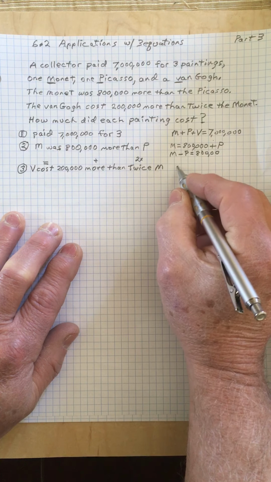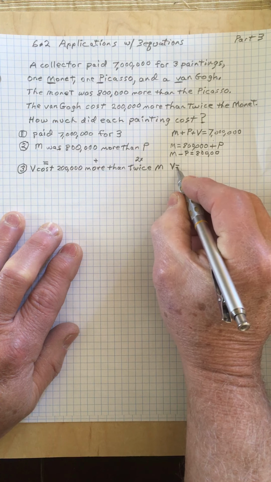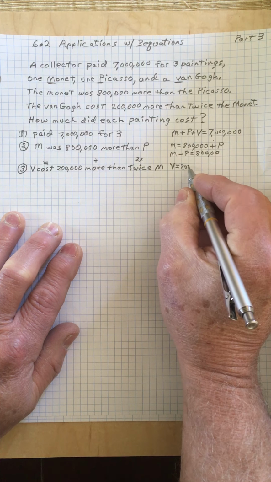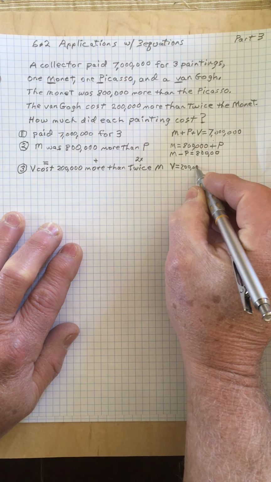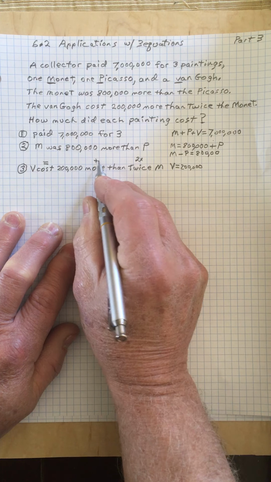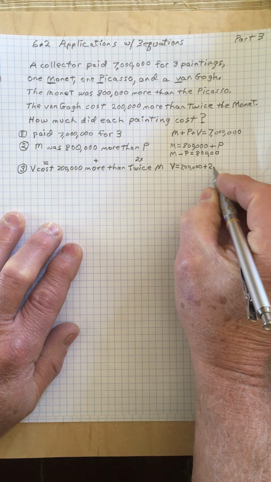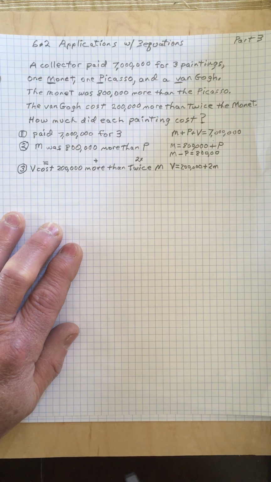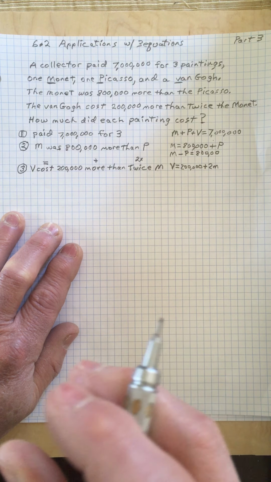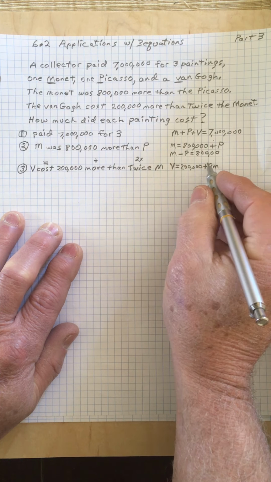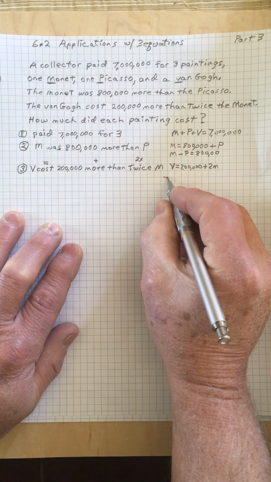V equals 200,000 plus twice M. Again, I want MPV, so I need to solve this. So let's move the M over here.